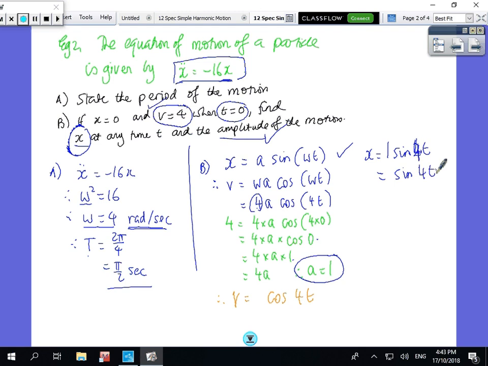Obviously, I just got to check that. Hang on, have I done something wrong? Oh, velocity equals 4a. So the velocity is 4a, so that should be a 4 there. Sorry. Okay, and x equals sine 4t. Copy that and come across.